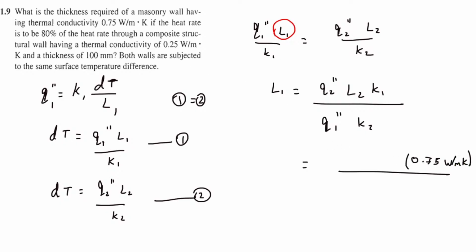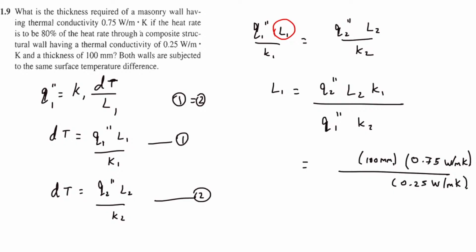Then L2 is provided to us, 100 millimeter. The q1 and q2 are the heat rate comparison, so we do that one later. And then k2, the second thermal conductivity, is given to be 0.25 watts per meter Kelvin.